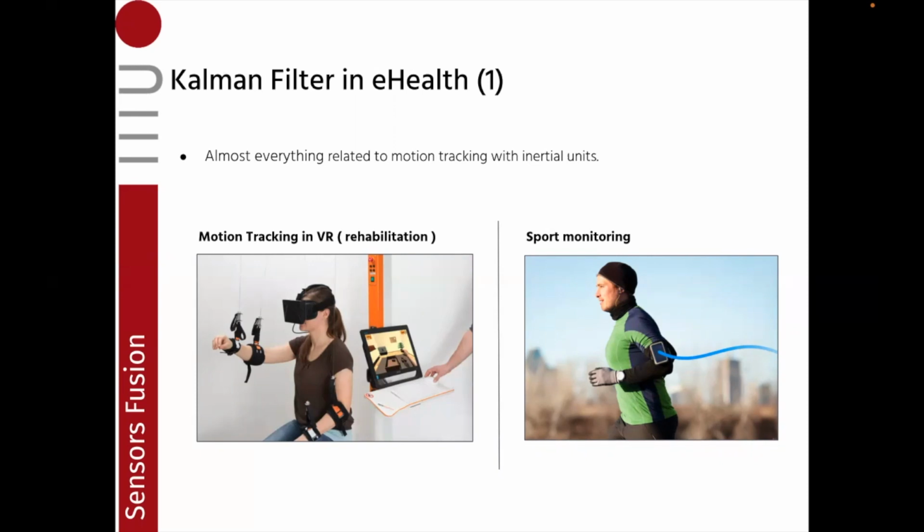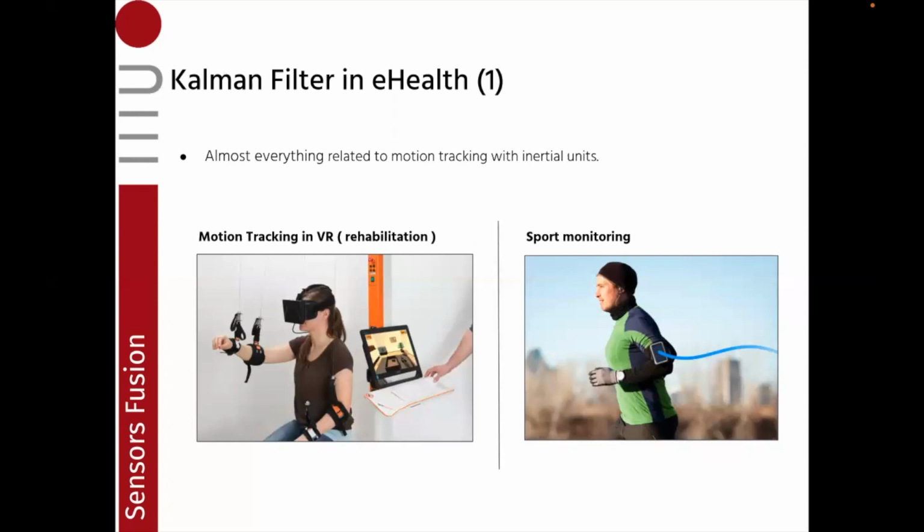Another great use case is in rehabilitation. Many rehabilitation systems need to track the exact 3D position of the body part in the 3D space to have, for example, the assessment if the person is executing a movement correctly or not.